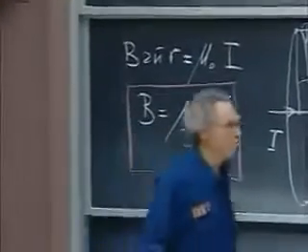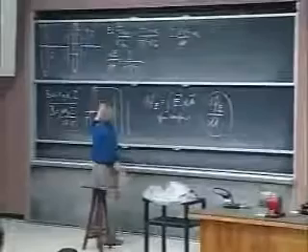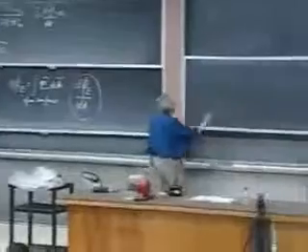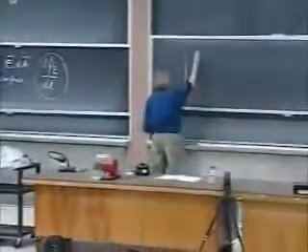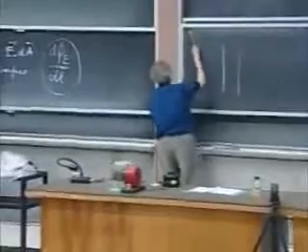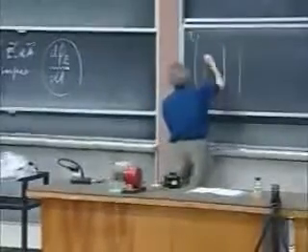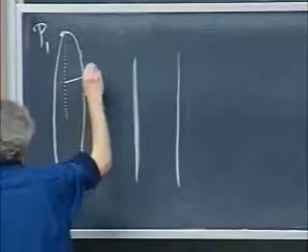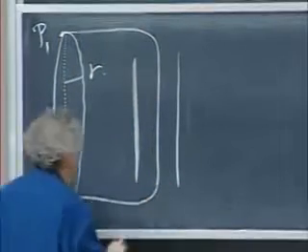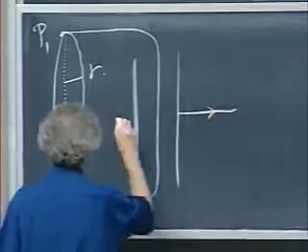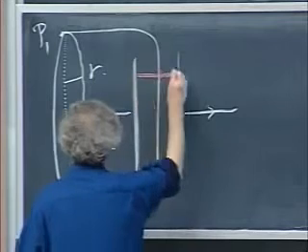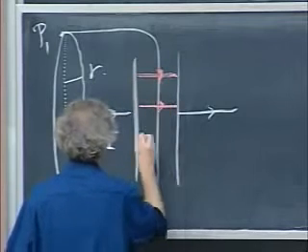But now I want to pursue this case. And so I make a new drawing. We have here this point, P1. This is my radius, little r. This is my surface going right through here. Here's the current, I. And here's my changing electric field.